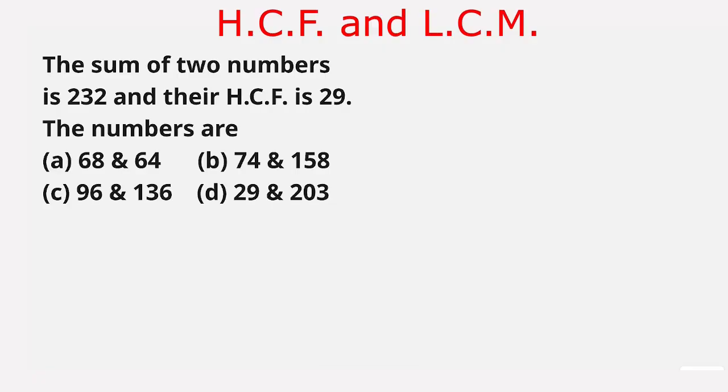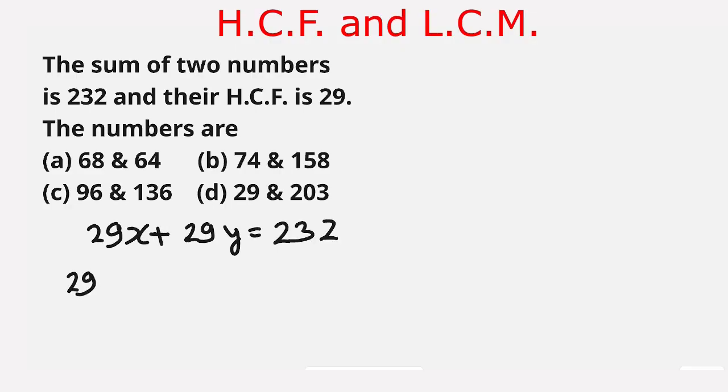Let the two numbers be 29x and 29y, and it is given that their sum is 232. We take common 29, so it becomes 29 multiplied by x plus y equal to 232. 29 divides 232 for 8 times.